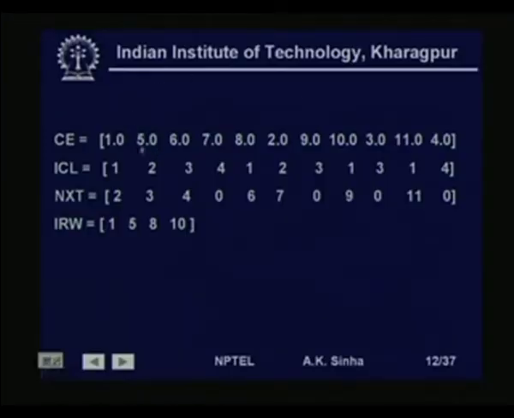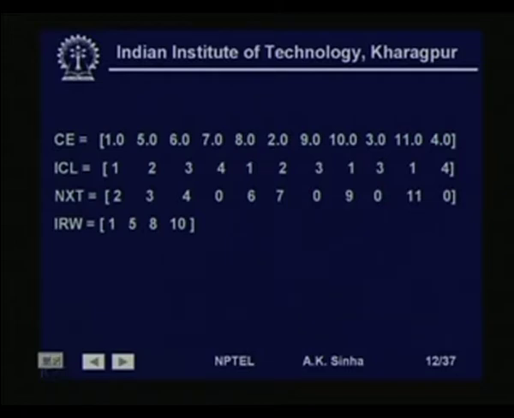So, this is how we store the elements. Now, if you look at this 4 by 4 matrix, you will say that we have not saved any memory, because instead of the 16 elements that we have in that matrix, we are storing 11 real numbers and 22 plus 4, 26 integer numbers, which is a larger storage than that required for a 4 by 4 matrix.